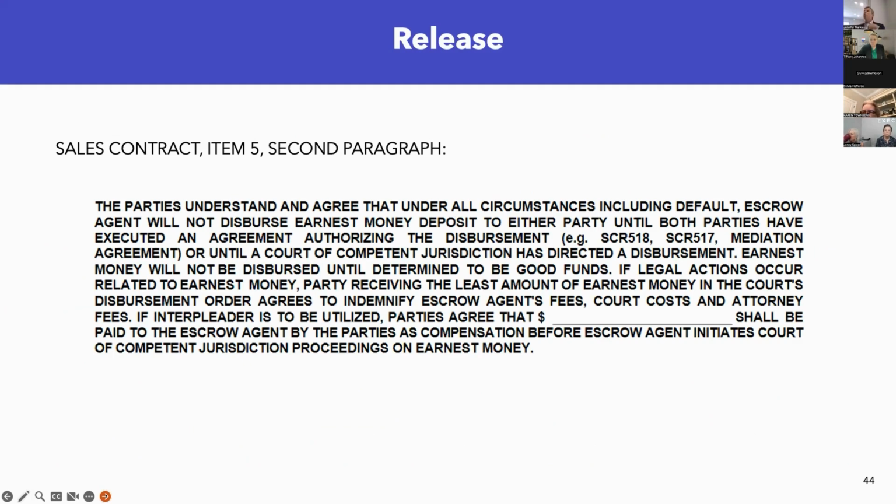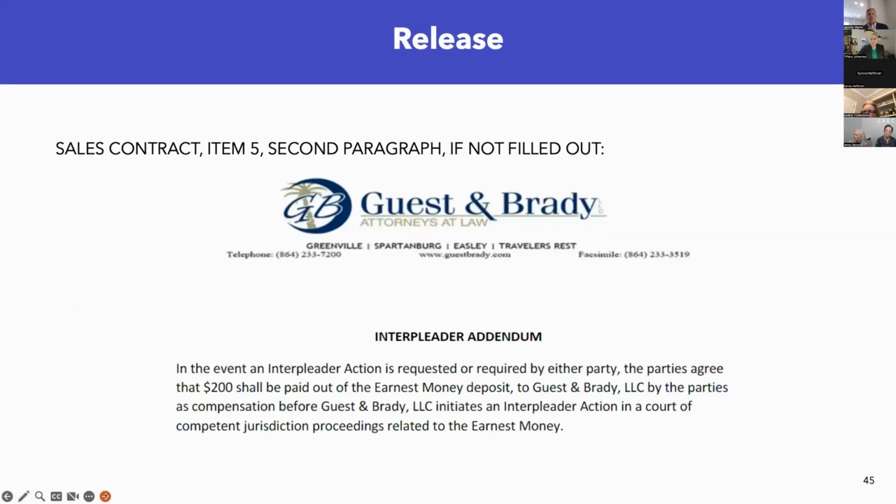So if on Guest and Brady contracts that blank stays blank, you'll get the next document from us, okay? We have this and we throw it back at everyone who gives us a purchase agreement without paragraph 5 being filled out, okay?